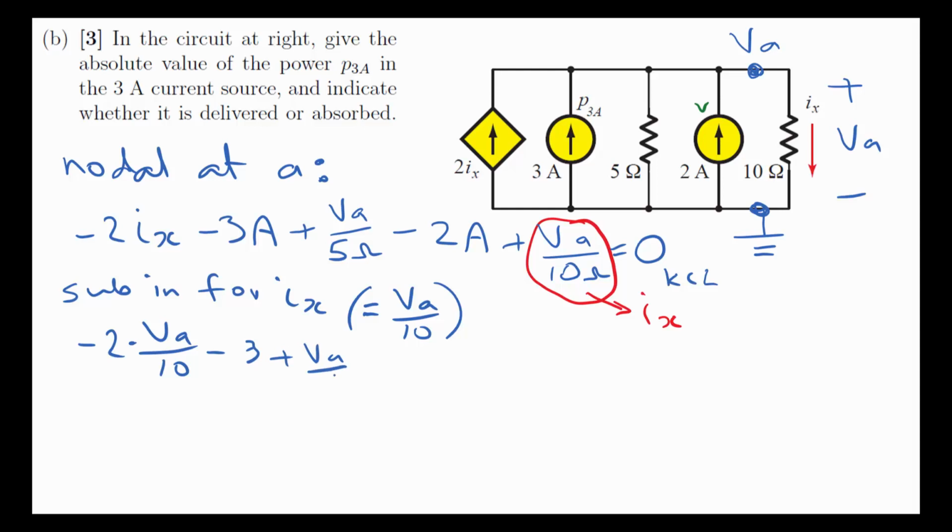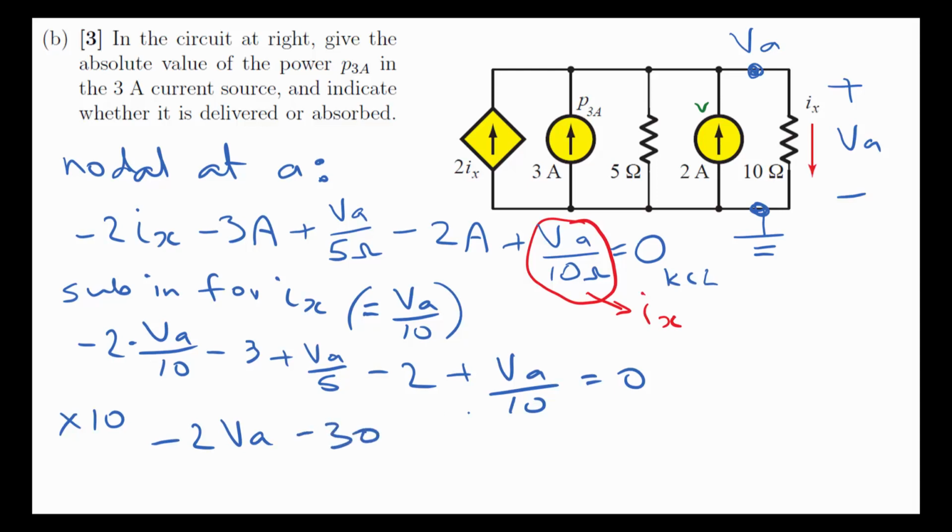minus 3 plus VA over 5. I'm just simplifying by getting rid of the units. We have minus 2 and then plus VA over 10 is equal to 0. If I multiply that expression by 10, we have minus 2VA minus 30 plus 2VA minus 20 plus VA is equal to 0.